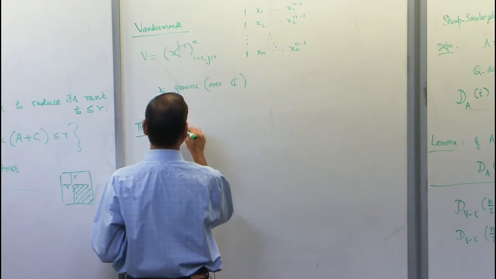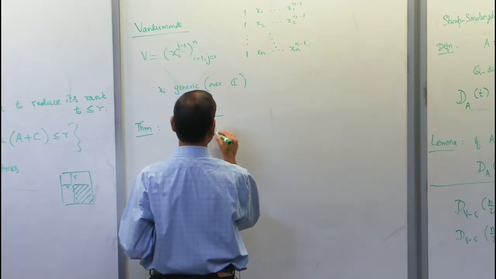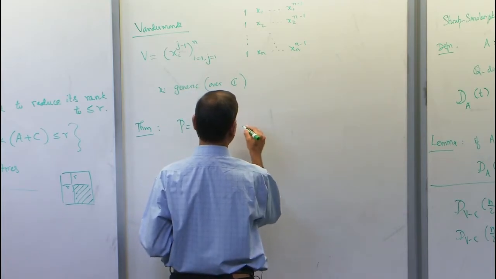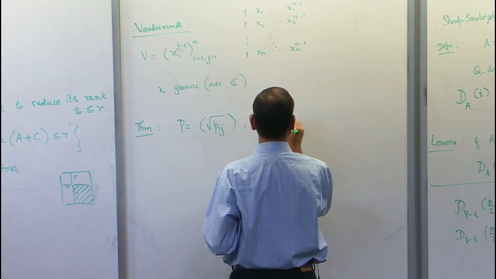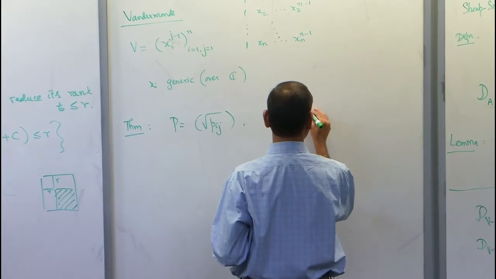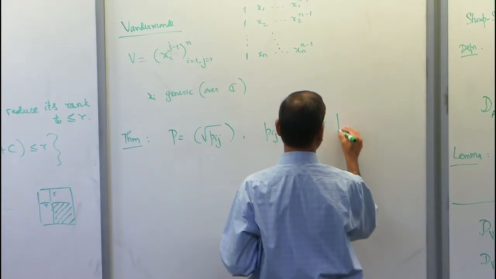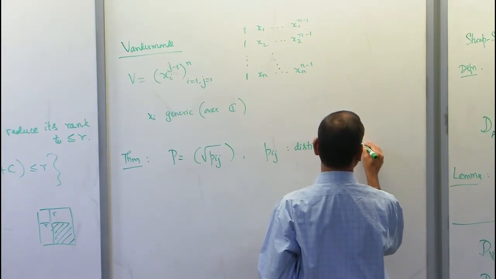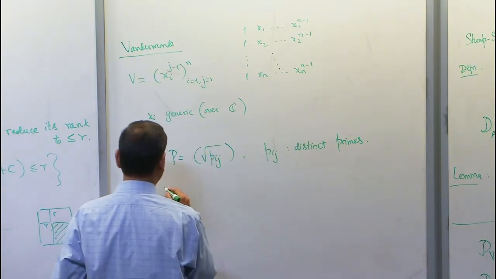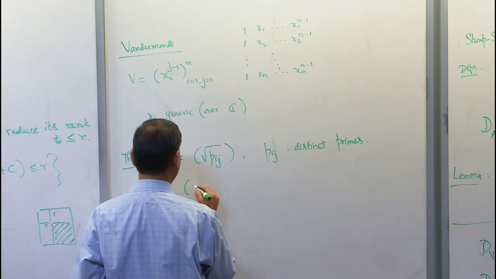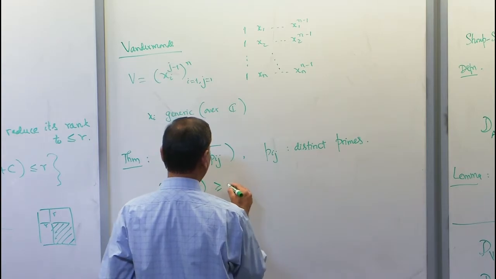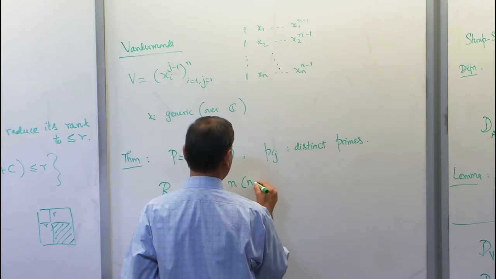So let P be this matrix, square root of Pij, where the Pij are distinct primes. Then you can show that something like this.